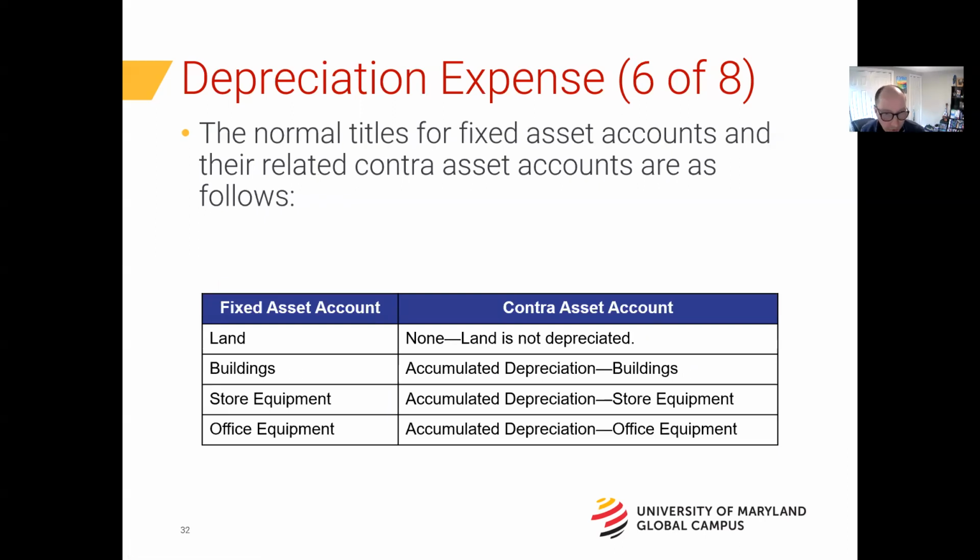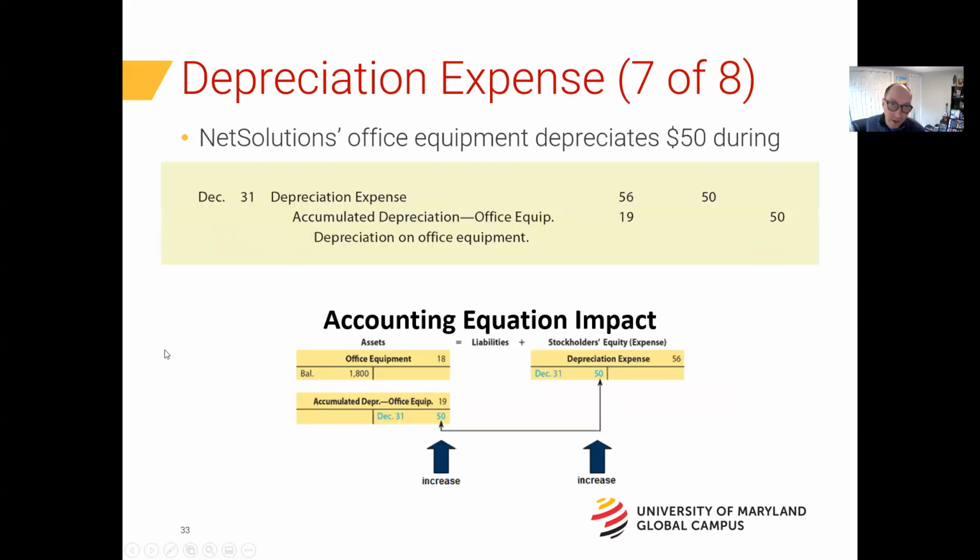So in looking at that, land never depreciates. Buildings and equipment always depreciate. We have depreciation expense as the expense, and the contra account is accumulated depreciation. Here's an example of the transaction for a piece of office equipment.